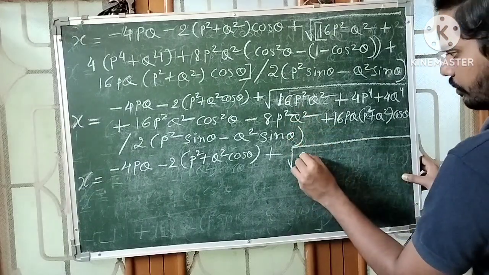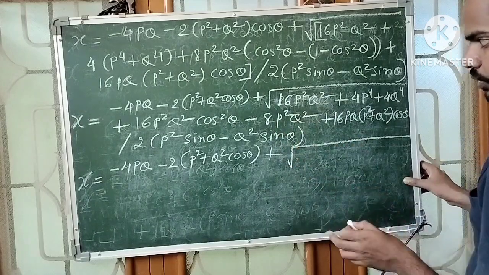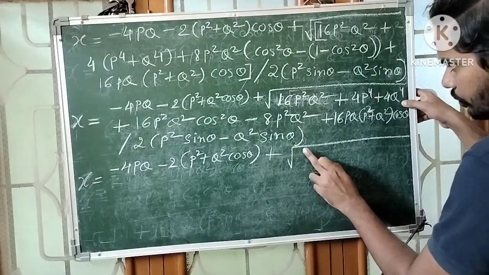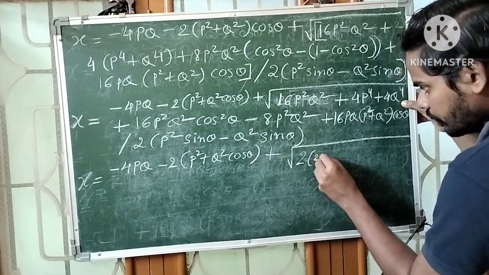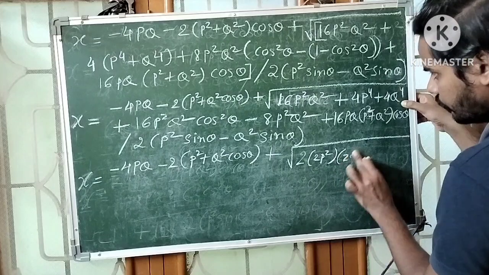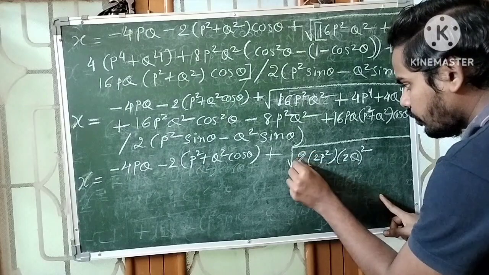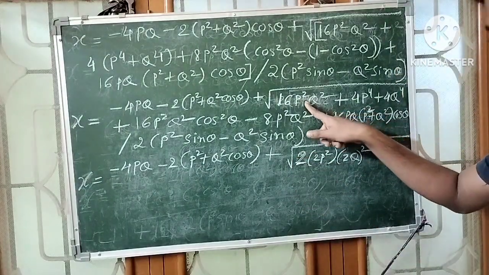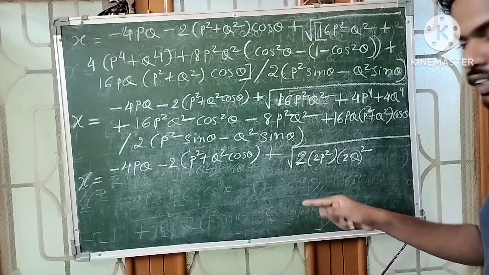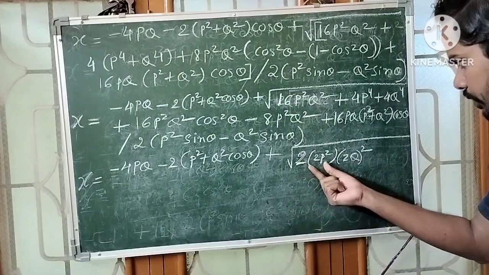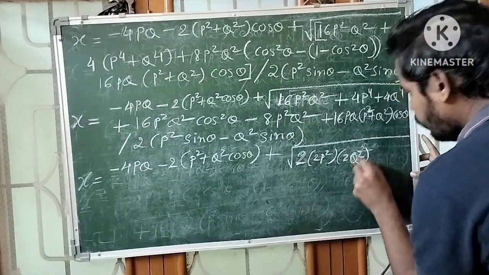So 8p square q square can be written as 2 into 2p square into 2q square.